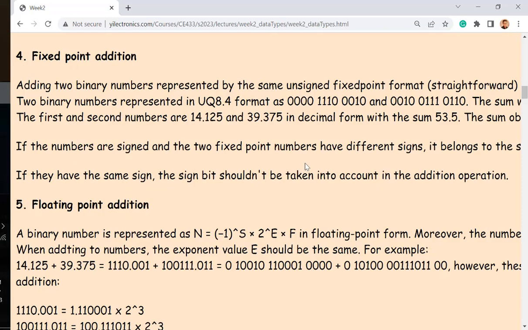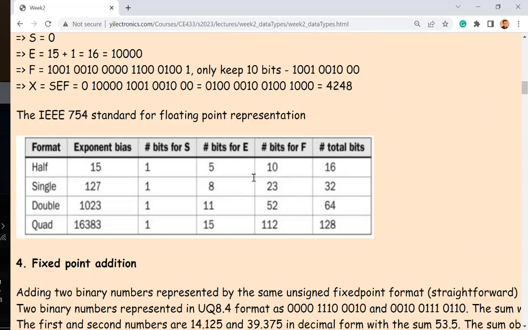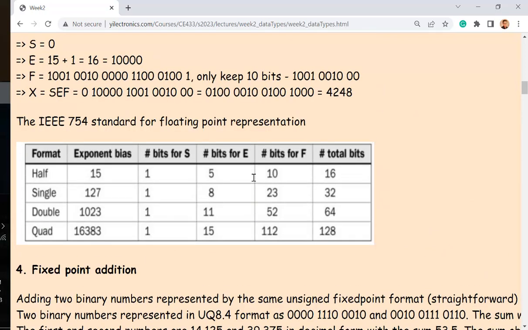Make sense? Where did they get the bias? They just randomly come up with it. If you do a calculation, it must make sense. You are having 5 bits for E, right? The most negative number we can get from the 5 bits is going to be negative 16.